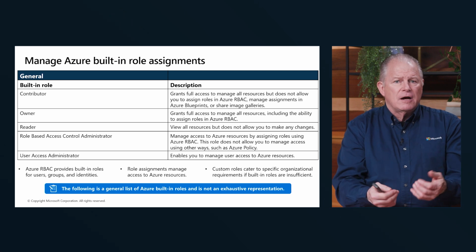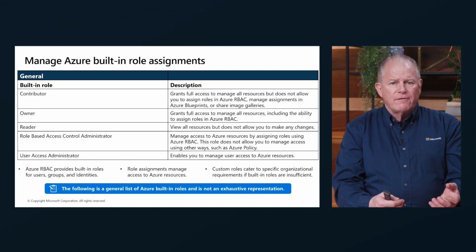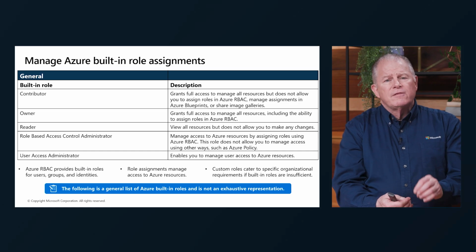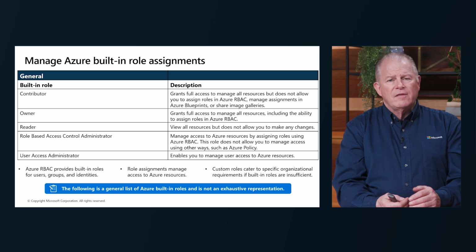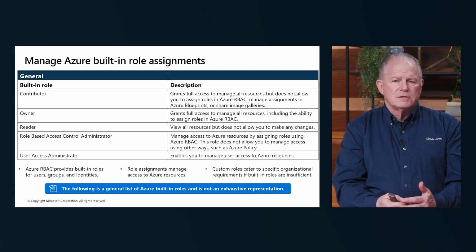They can't change the object itself. A contributor role has the capability of reading it, writing it, modifying it. They can do everything with it. They can delete it if they wanted to. The thing that they can't do is change the permissions on the object. And that's what distinguishes a contributor role from the owner or possibly the administrator role that has the capability of actually changing the permissions on it.